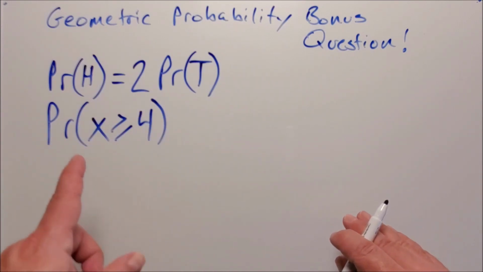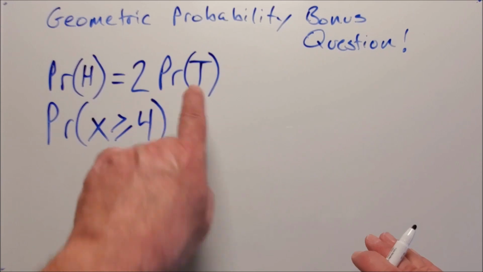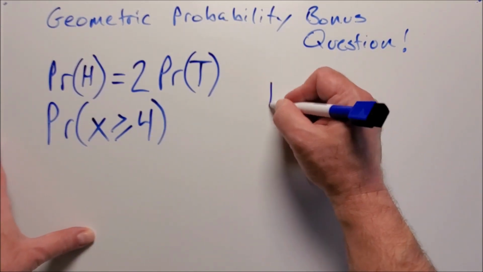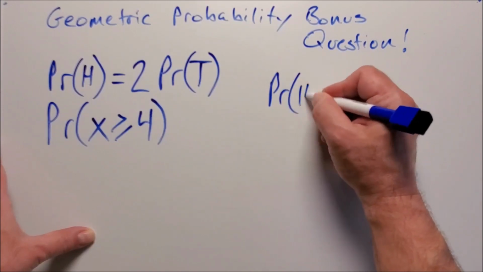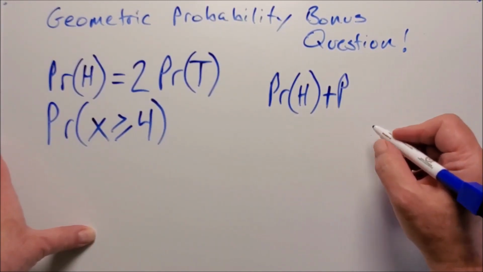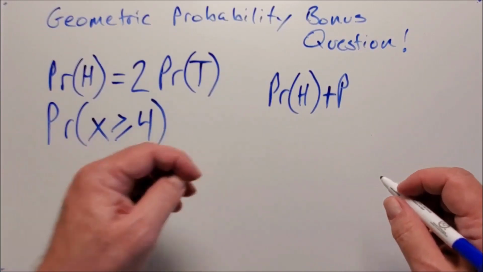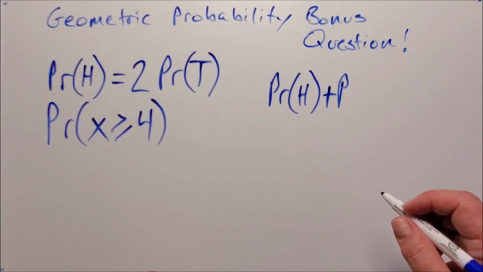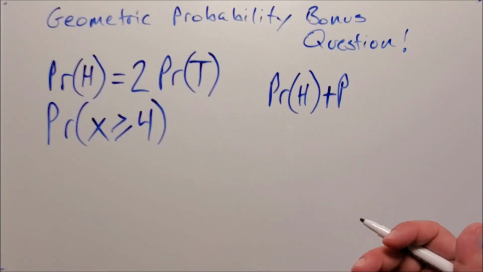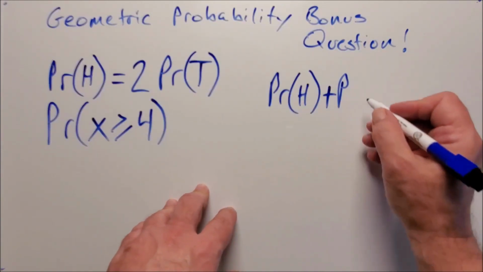So here's what it looks like. The probability of heads is equal to 2 times the probability of tails. In the sample space of what can happen when you flip a coin, there are really only 2 events that are reasonable to consider, and that is heads and tails.